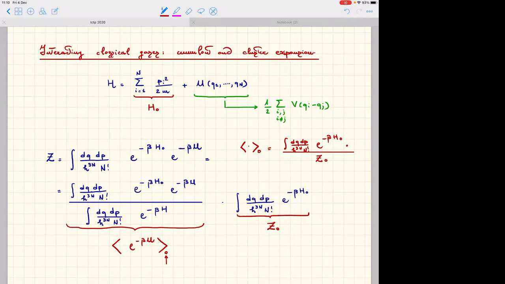This is the definition of an average in the canonical ensemble.